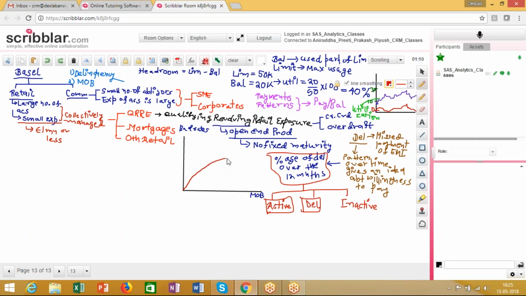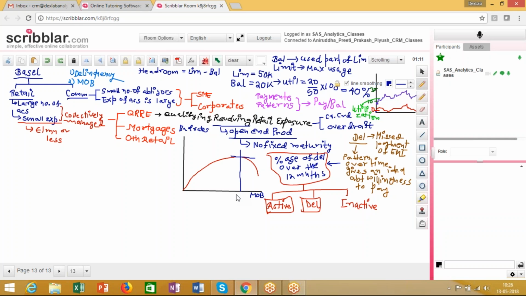And after a point of time, it stabilizes and then the bad rates tend to fall. So the point where the inflection is reached and the bad rate starts falling.